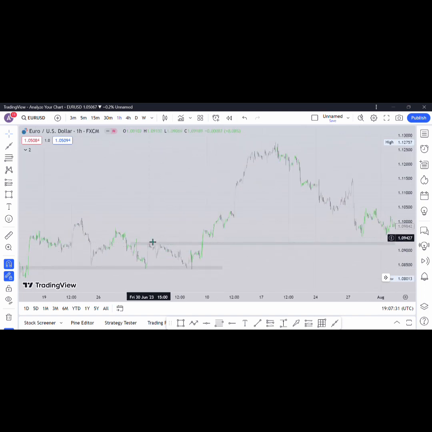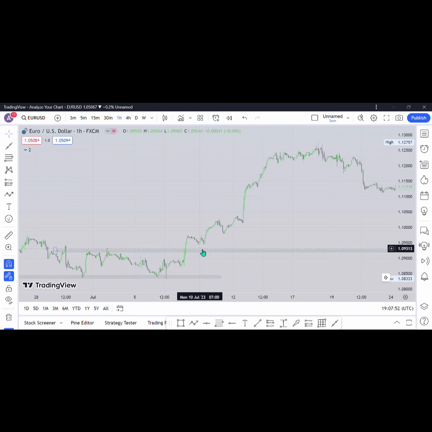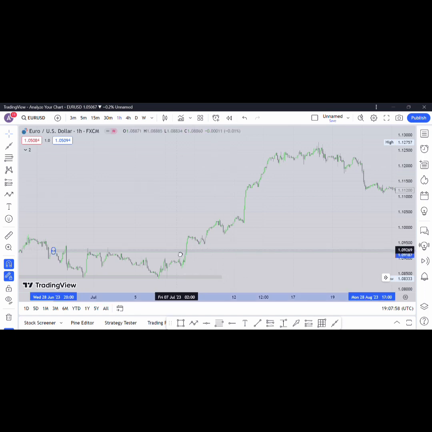See how price is reacting right here. It's very easy to spot out resistance. Price reacted, came back, reacted: first touch, second touch, third touch, before price pulled back to this support, and then pulled down here before it broke out, and then came back for a retest right here. You can wait for a retest back to this line, even if it's not really that close. But let's make it a little closer because we want to draw the support very neat and clean. Alright, and that's how to draw support and resistance.